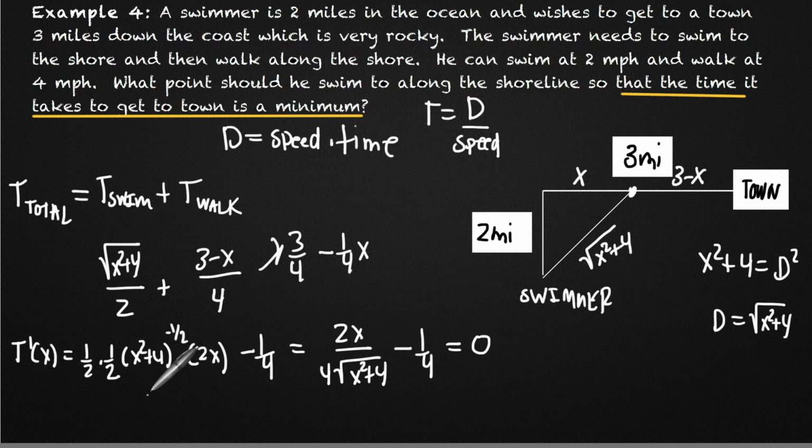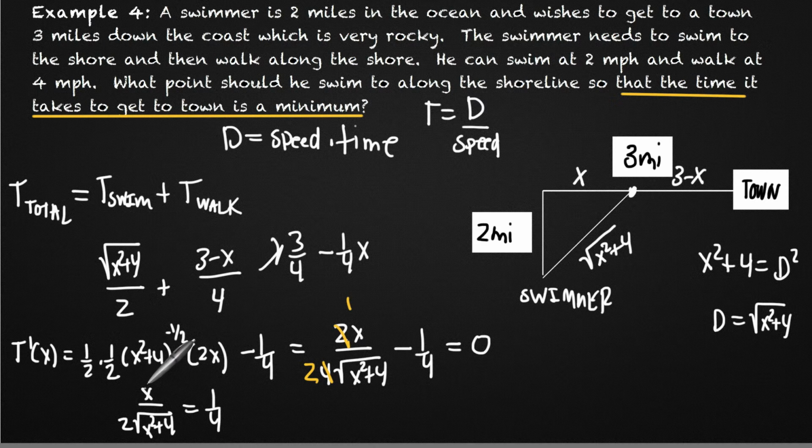So we're continuing down here. The 2 and the 4 can be reduced to 1/2. So let's get rid of that. So we have x over 2 root x squared plus 4, and that's going to be equal to 1/4 when I move the 1/4 to the other side.